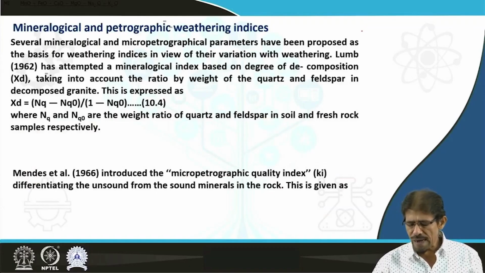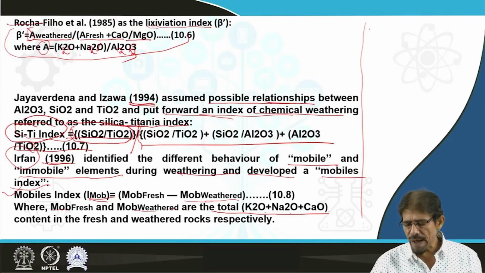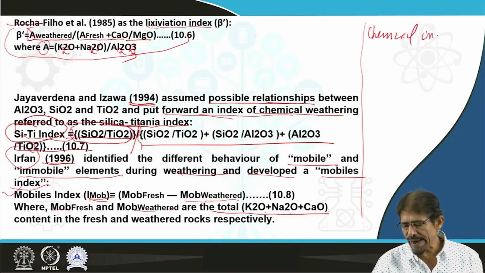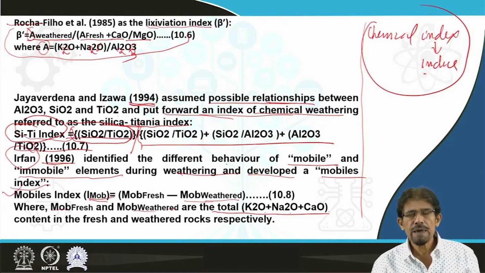So these are some of the attempts related to the development of different chemical indices, the plural of index being indices. In addition to this, we have several such attempts.